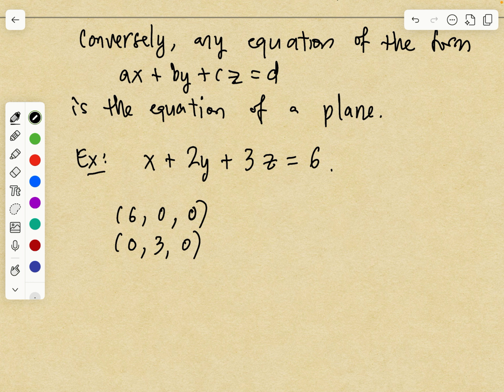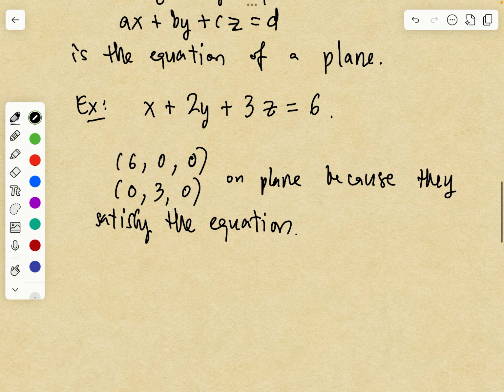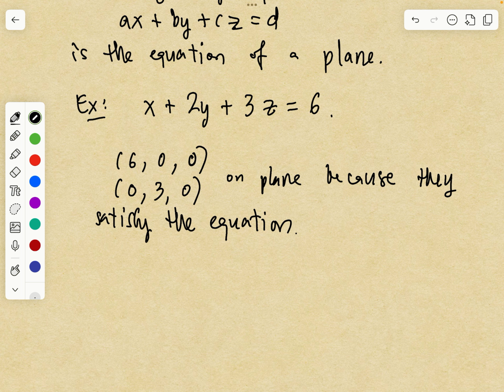These points are on the plane because they satisfy the equation, right? They satisfy the equation, which means they're on the plane.